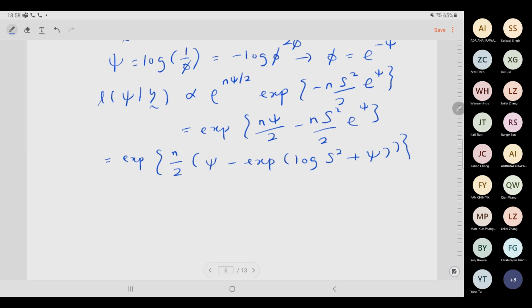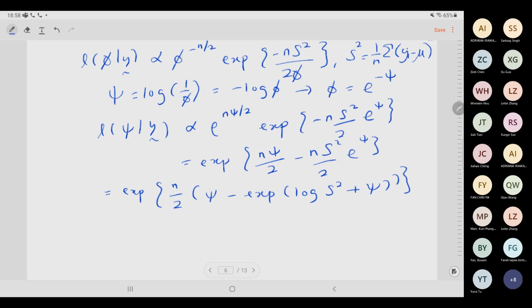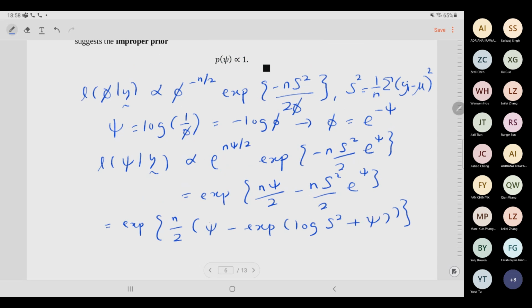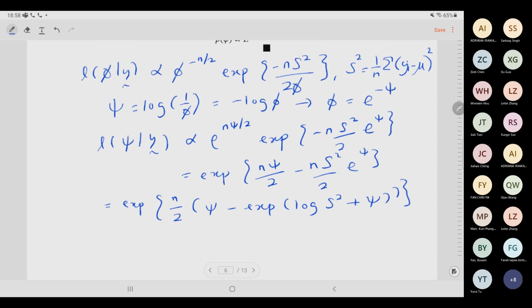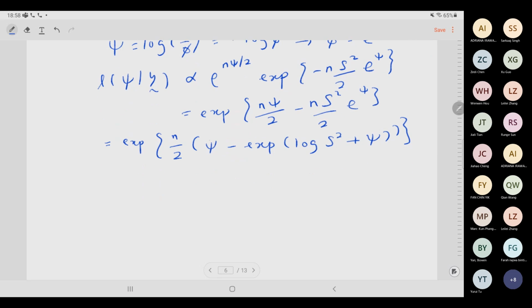Now you can see, I want to have a function of eta and then a function of my data. My data, my y, is only in my s square, and s square is this function. So my data is only in my s square. The idea is you need to do something.